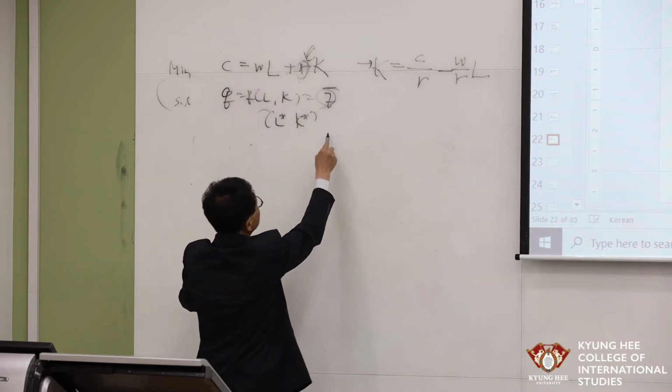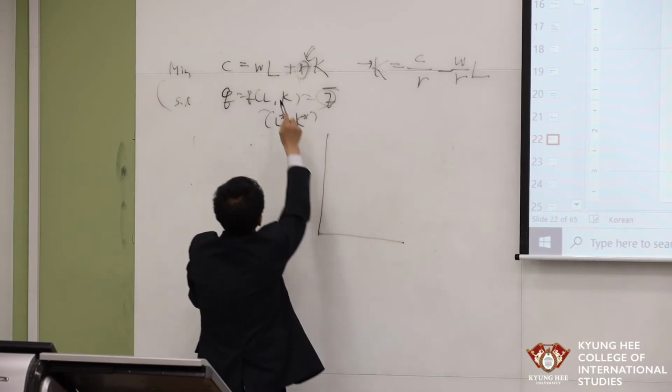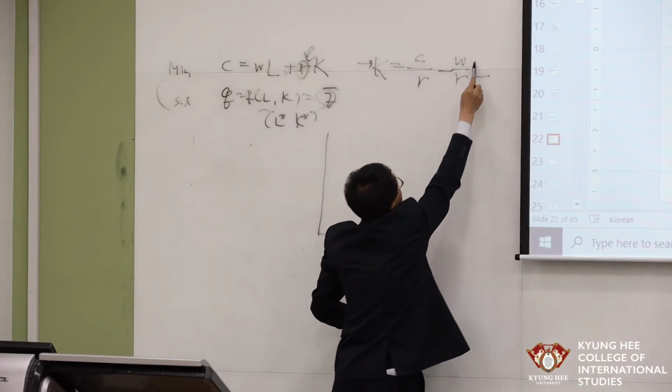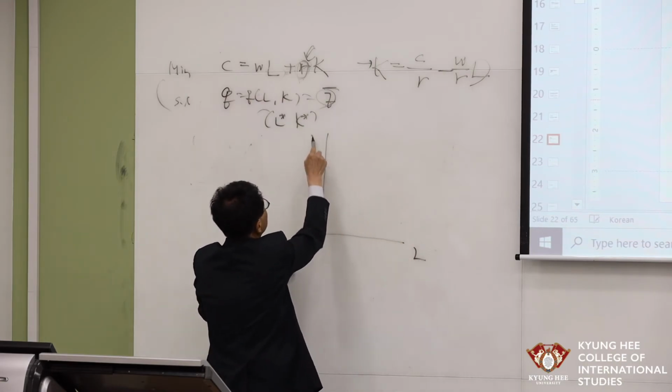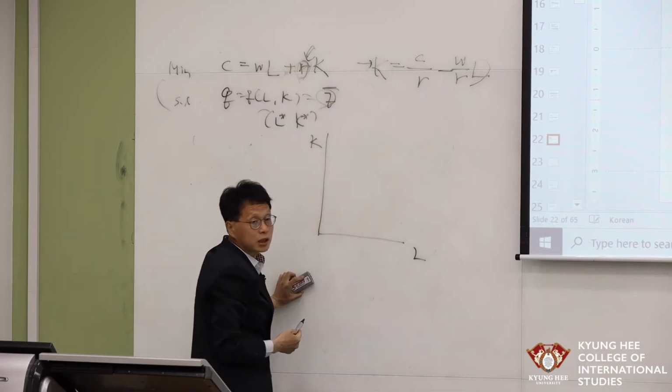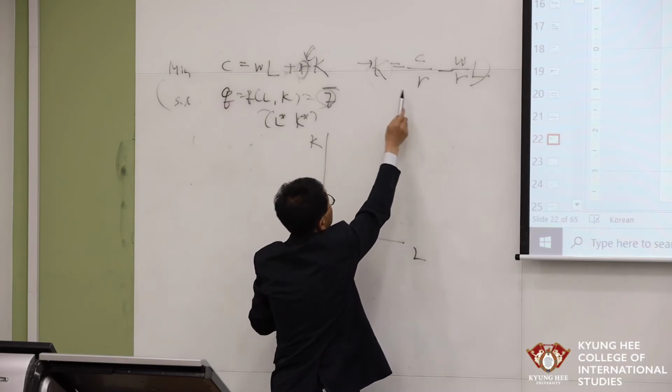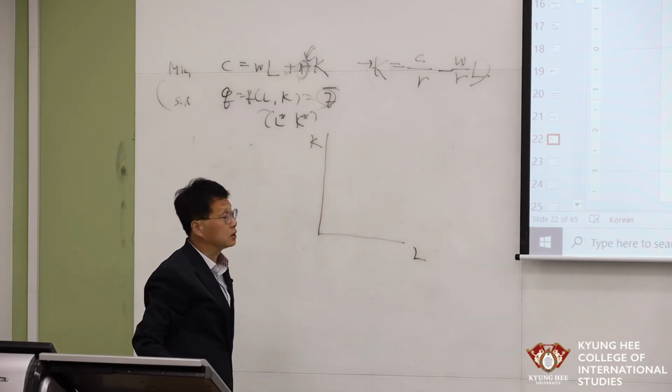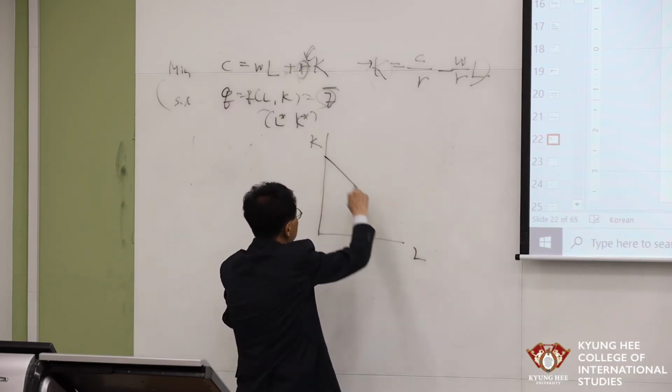Now, graphically, for the isocost line the X variable is L, the Y variable is K, right? Then a Y equals A minus BX type graph is needed. So this one is shaped like this.